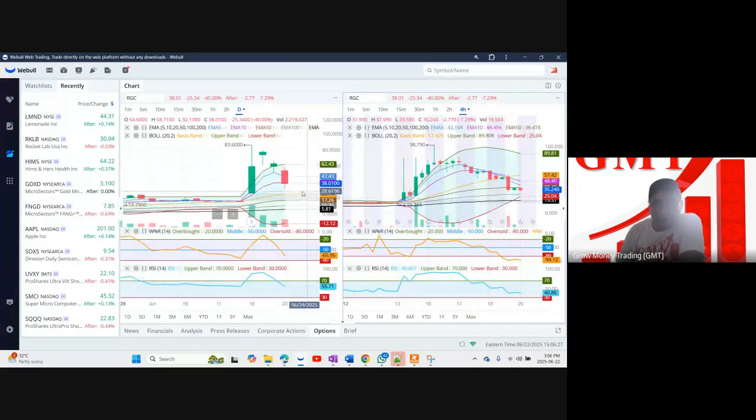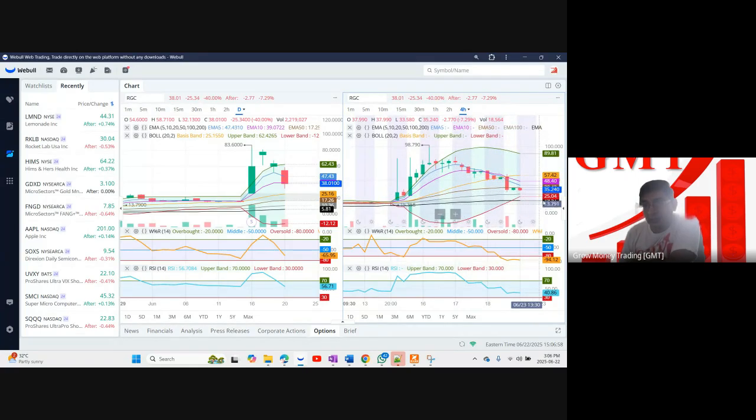So after the stock split, it made a high, and since then it has been making lower highs. And the last candle has formed a long red candle as well. The weekly trend indicators are downward. You can clearly see even on the daily chart it has been facing resistance on the EMAs.